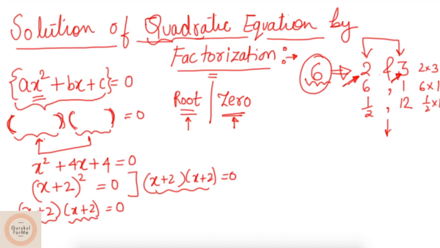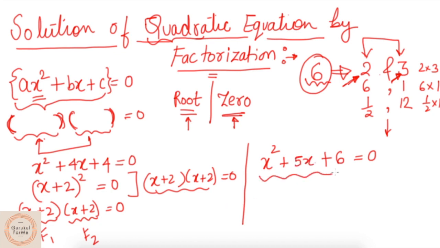So this is factor 1, this is factor 2. Both of them are the same, but we are saying it has 2 factors. Let's take one more example: x square plus 5x plus 6.